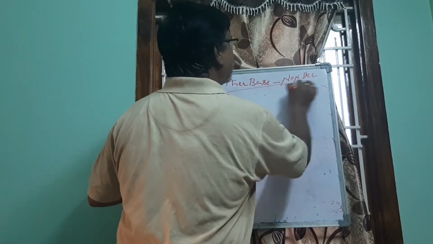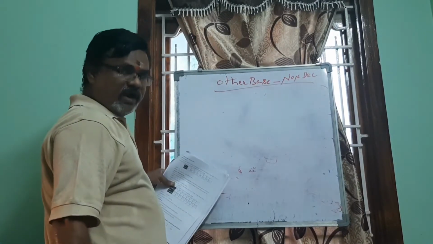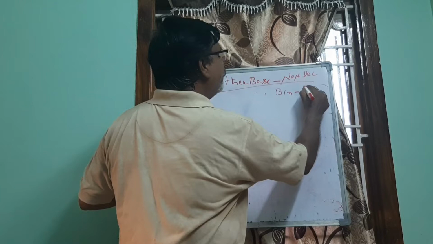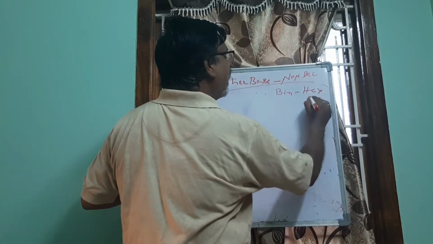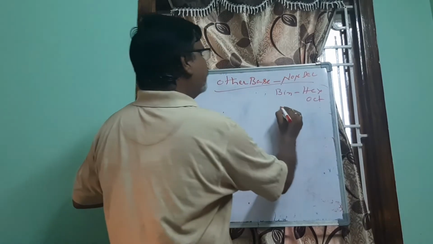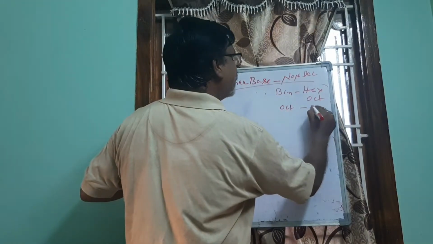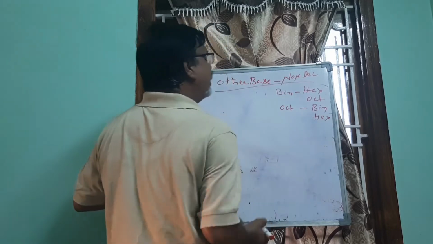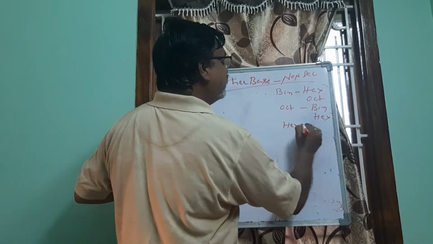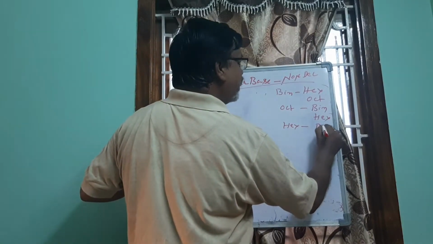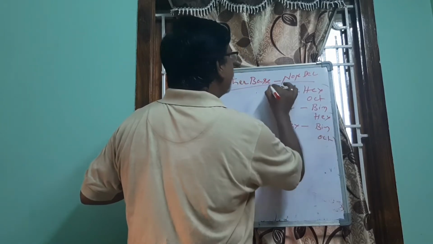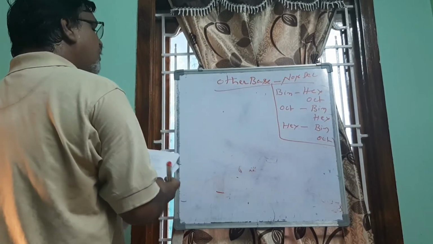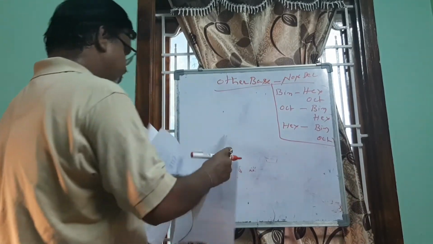Other base to non-decimal means if a binary value is given, we convert it into hexa or octal. If an octal number is given, we convert it into binary and hexa. If a hexa number is given, we convert it into binary and octal. Let us take these conversions with one example.